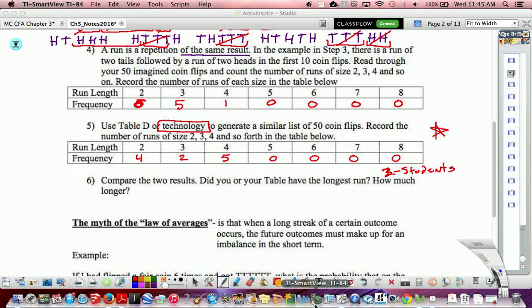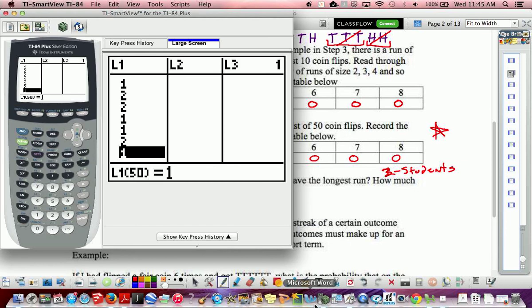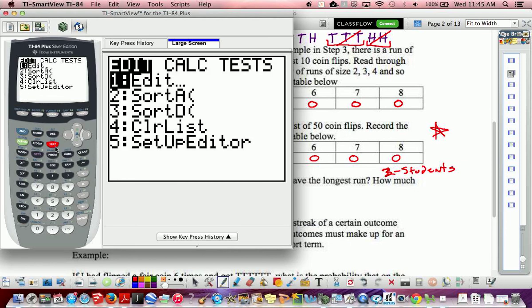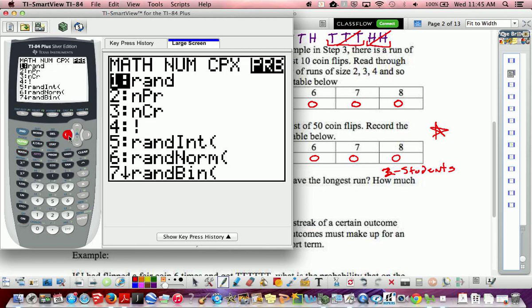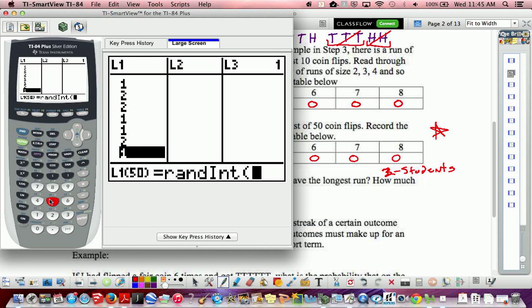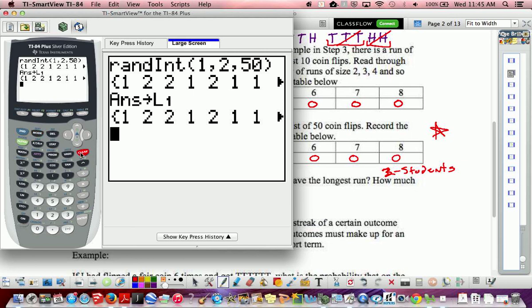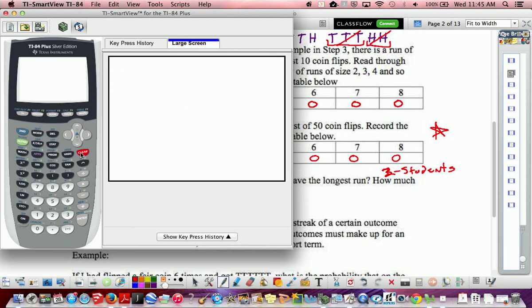Just to show you on the calculator, if I go back to my math, go to probability, and go to random integer. Whoops, I'm sorry, I was still in the list mode, so I'm going to clear this out and start from the beginning.